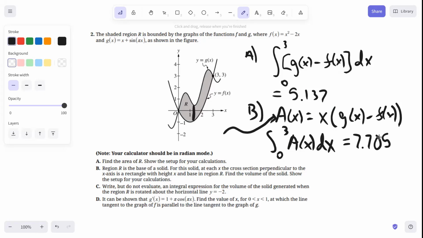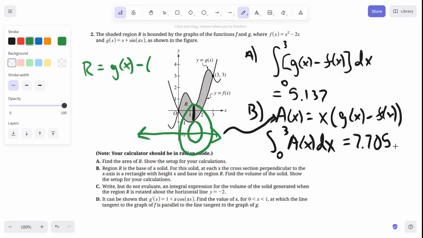And part C, write but do not evaluate an integral expression for the volume of the solid generated when the region R is rotated about the horizontal line y equals -2. So -2 is right here. If I take this same region and rotate it around, if I take that slice, I'm going to get a washer. The outside radius of the washer is given by the top function, which is g of x, minus the axis of rotation, which is -2. So g of x plus 2.